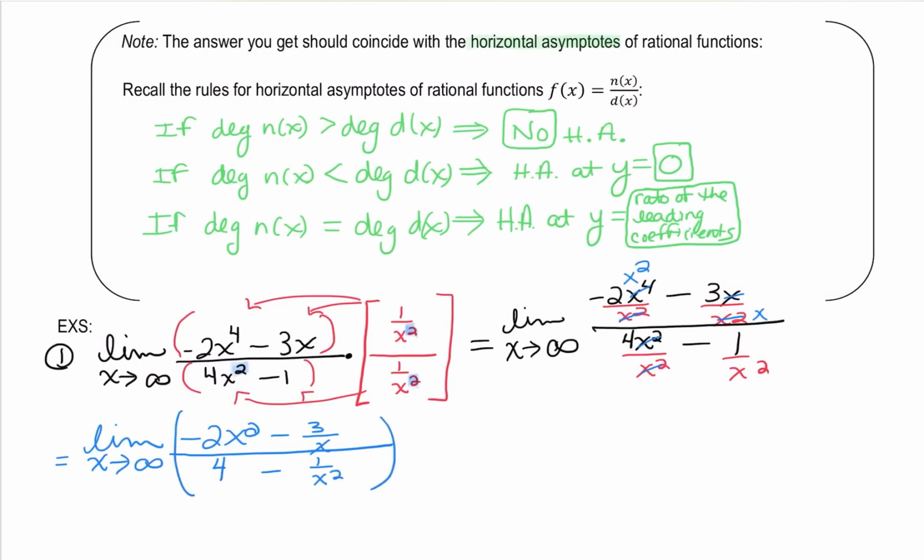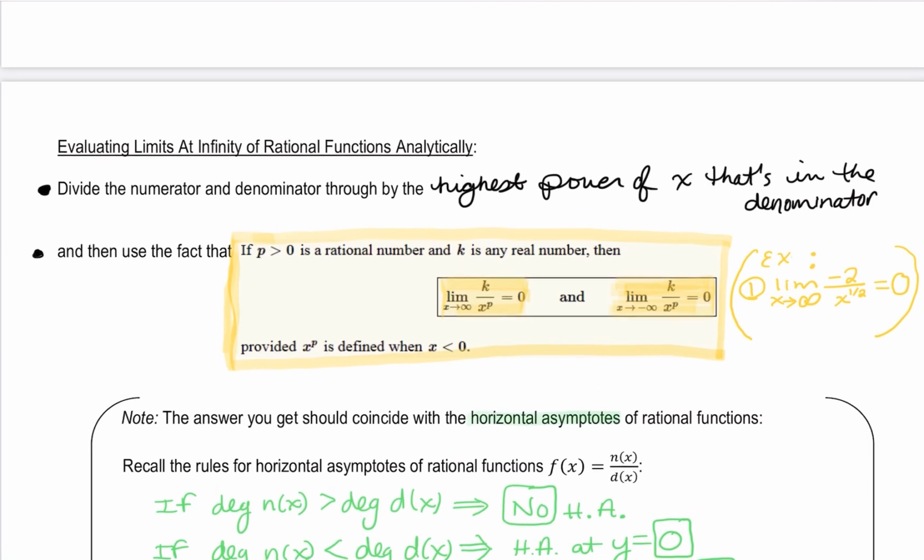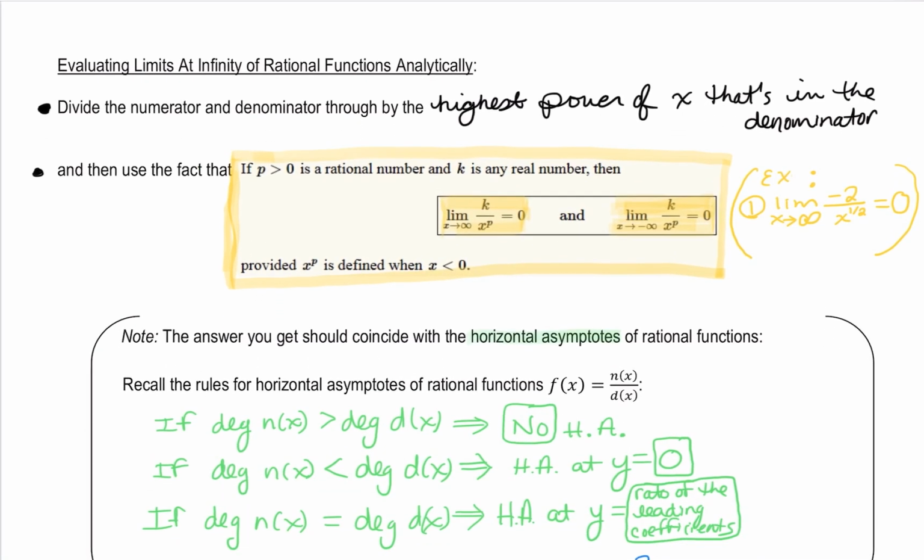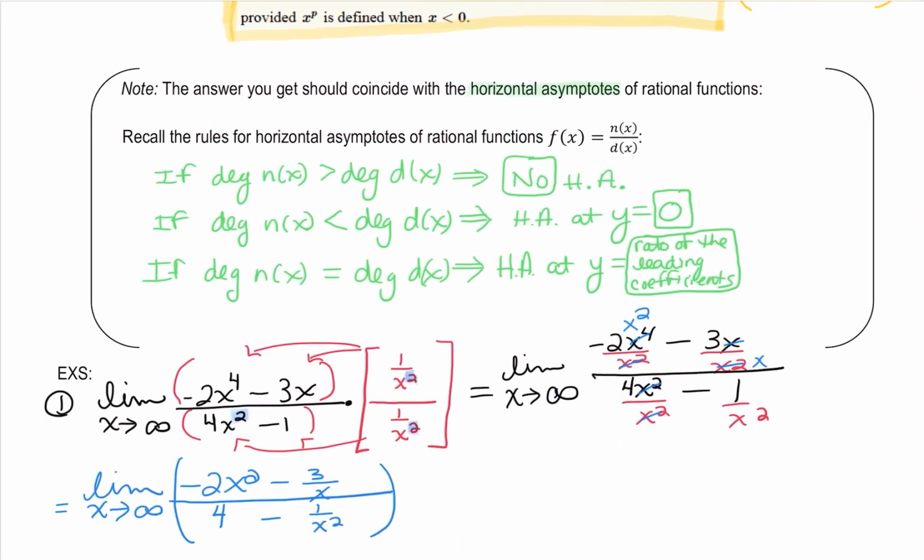Now, every place that there's an x, I have to think about what's happening as x is going to infinity. And in each of the terms where I have a constant over x to a positive power, we know from what I have highlighted in yellow, those will go to 0.